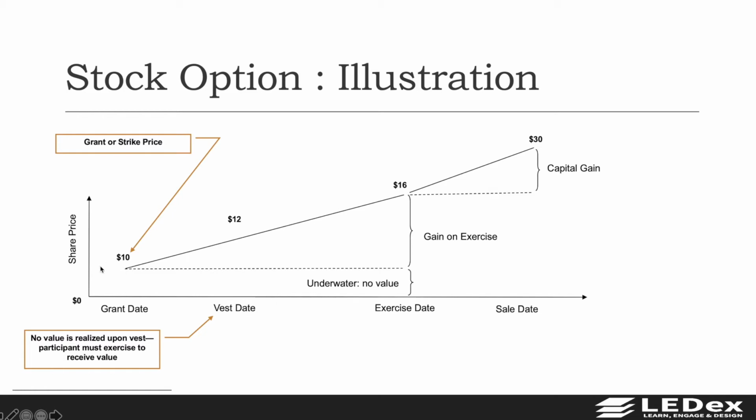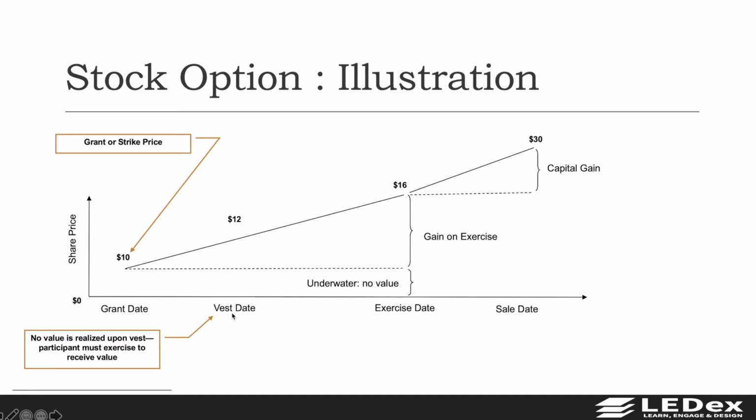It is possible to provide the stock option at a different strike price from what it is in the open market. But from a good governance perspective, typically the strike price or the grant price is set at the fair value of the underlying asset or the stock on the date of the grant. So grant price at $10.